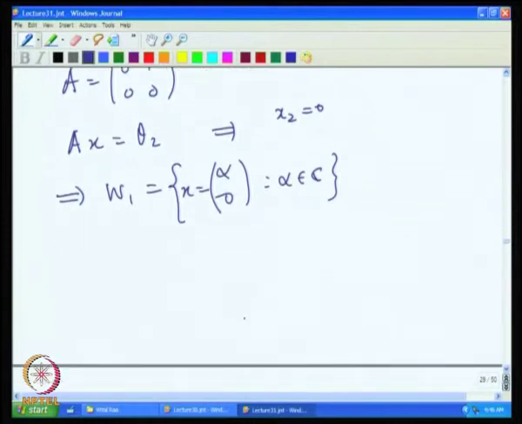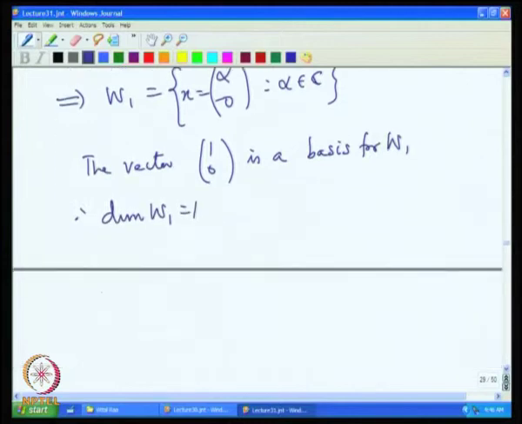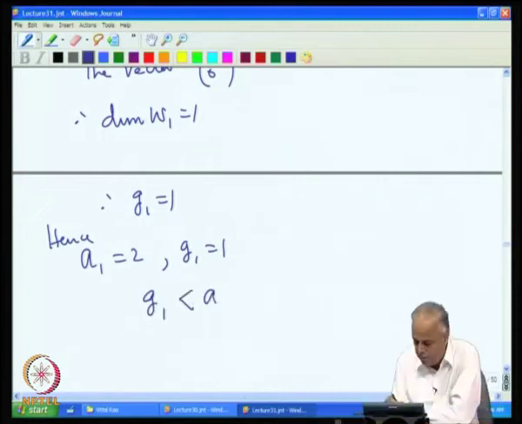And the vector (1, 0) is a basis for W1, and therefore the dimension of W1 is 1, and therefore g1 is equal to 1. So, in this case, we have a1 equal to 2, g1 equal to 1, and g1 is strictly less than a1.